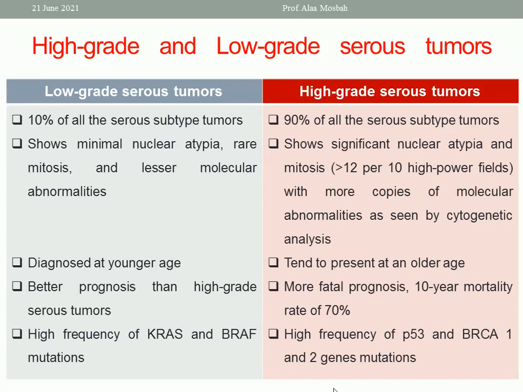Tends to present at older age, more fatal prognosis, and a 10-year mortality rate of 70%. There is a high frequency of P53 and the BRCA1 and 2 gene mutations. So, high-grade serous tumor, of course, has a bad prognosis, and low-grade serous tumor is better as regards the prognosis.